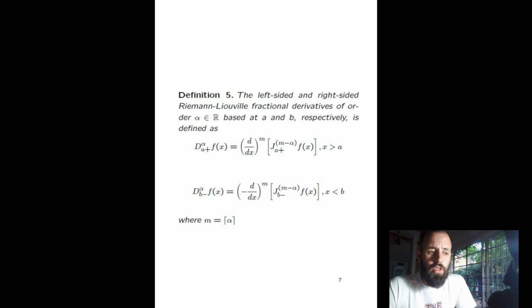Here m is the ceiling of alpha, the next greater integer after alpha. Our definition for the derivative also contains an integral, which makes this derivative operator a non-local operator. That's very important.